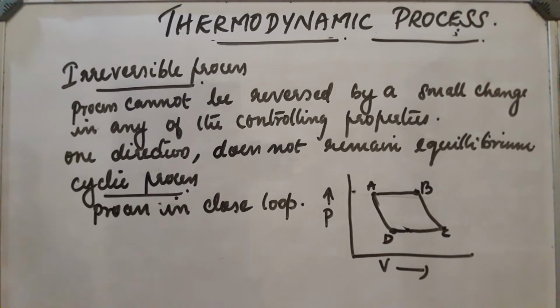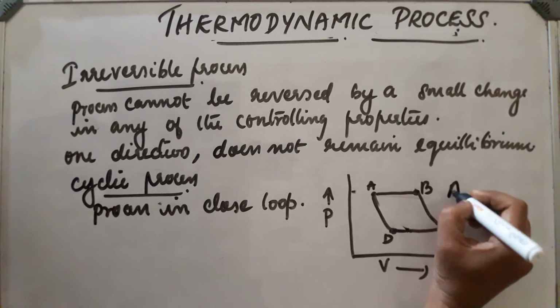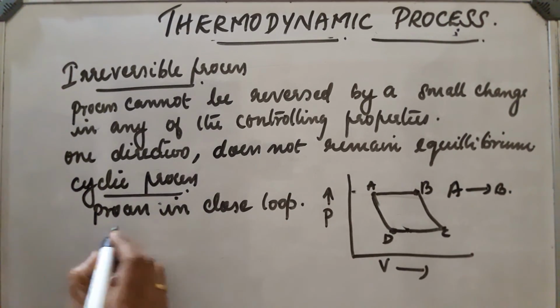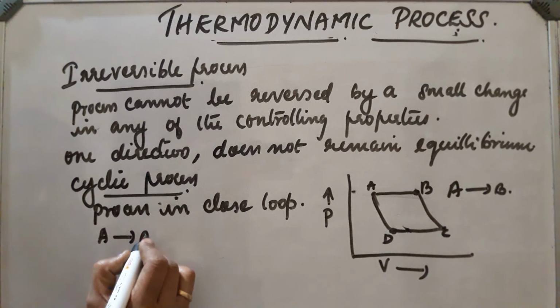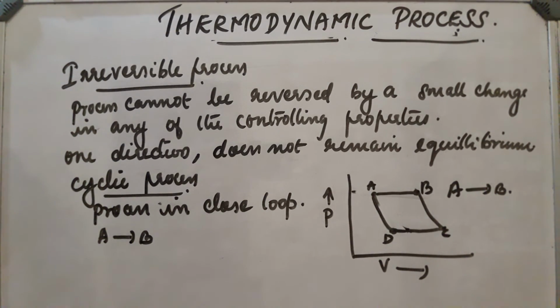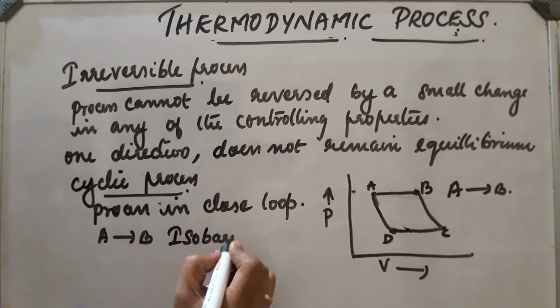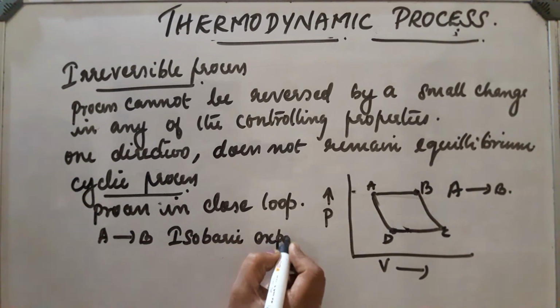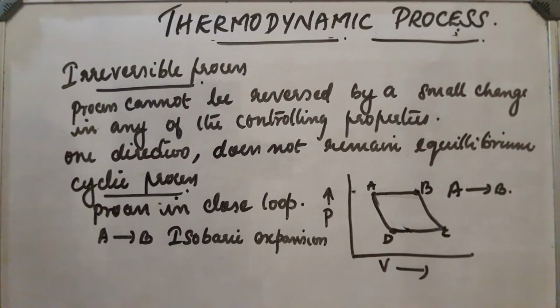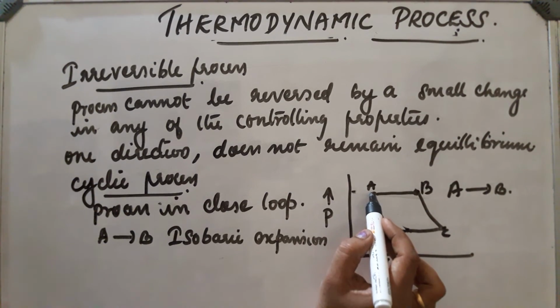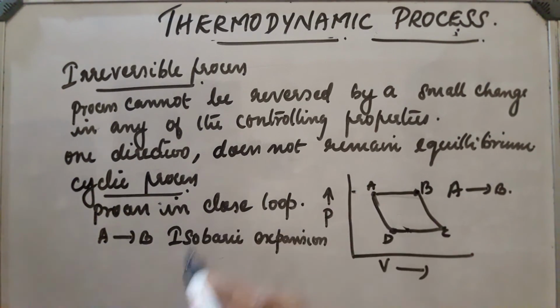So, A to B. This change is called isobaric expansion. Expansion takes place, volume increases from A to B, and the pressure remains constant.